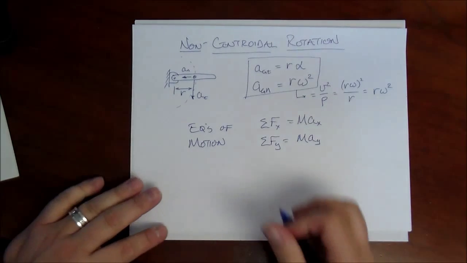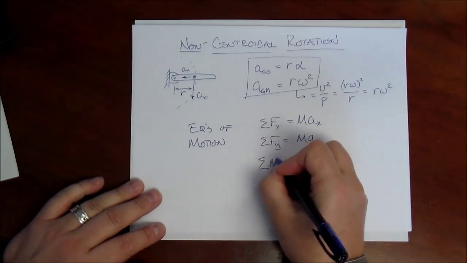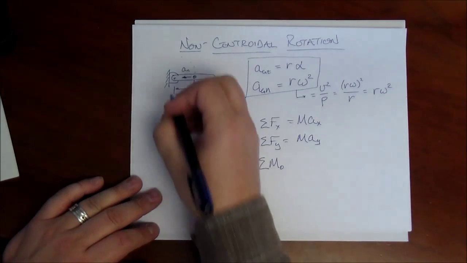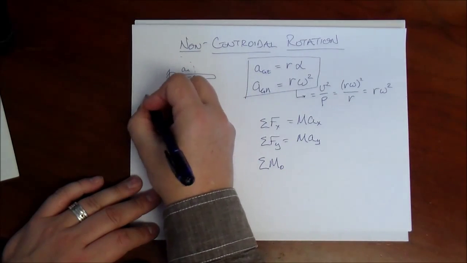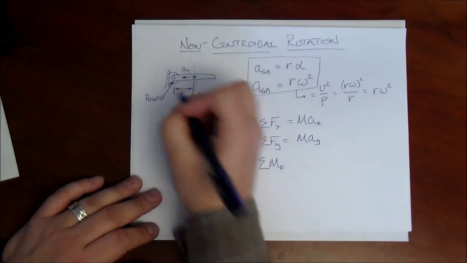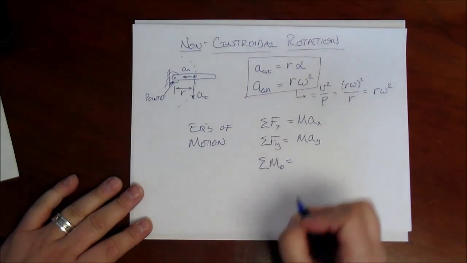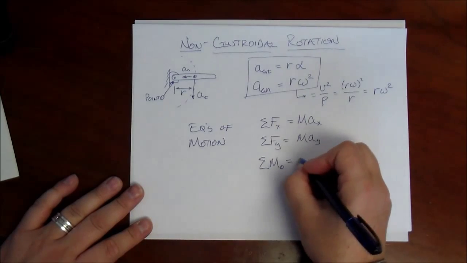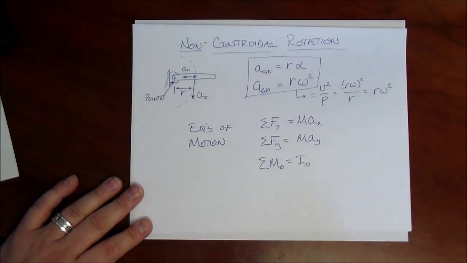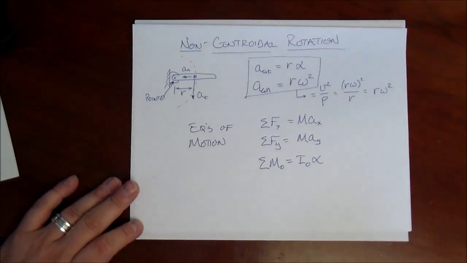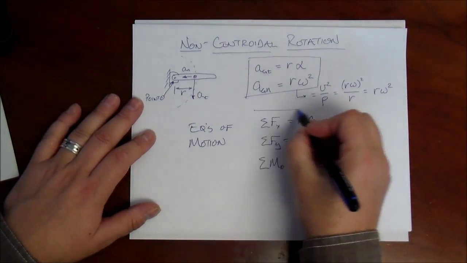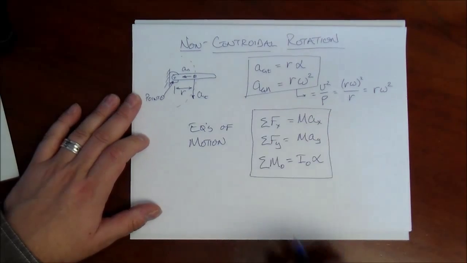But now for the moment equation, we're going to take the moments about O, that is, the point about which our rigid body is rotating. And that will be equal to the mass moment of inertia about the same point, O, it's different from G, times alpha.